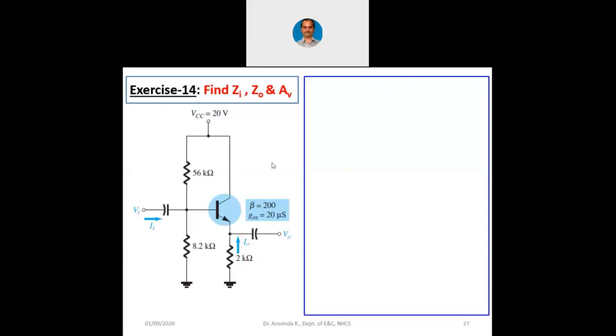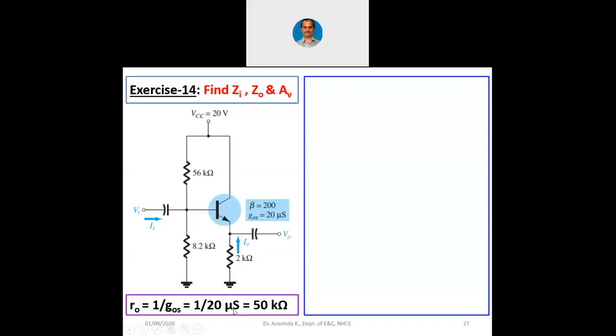I will proceed quickly now because anyhow it is a repetition of whatever we did yesterday. First we have to check whether the approximate analysis holds good or not. Now I have told you that R0 is nothing but 1 over GOS, where G is the conductance and R is the resistance.